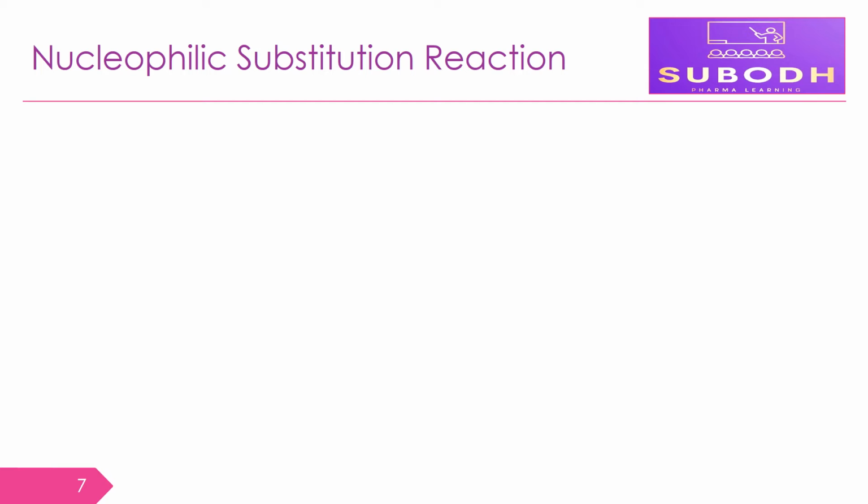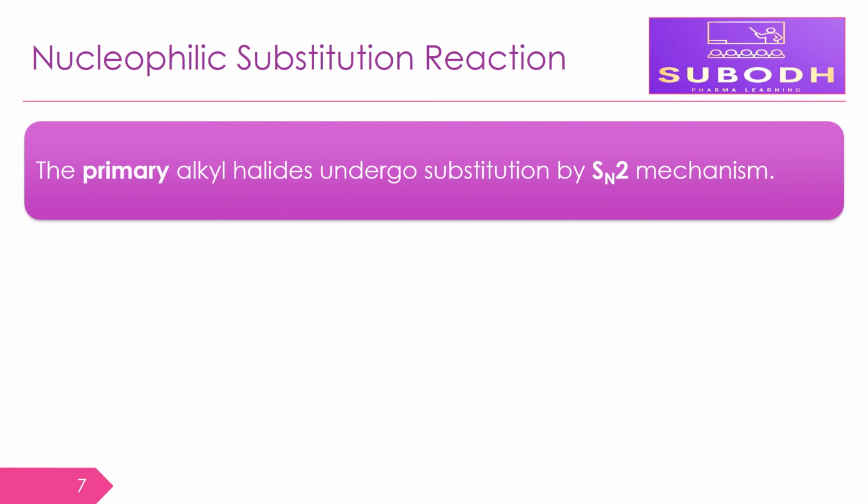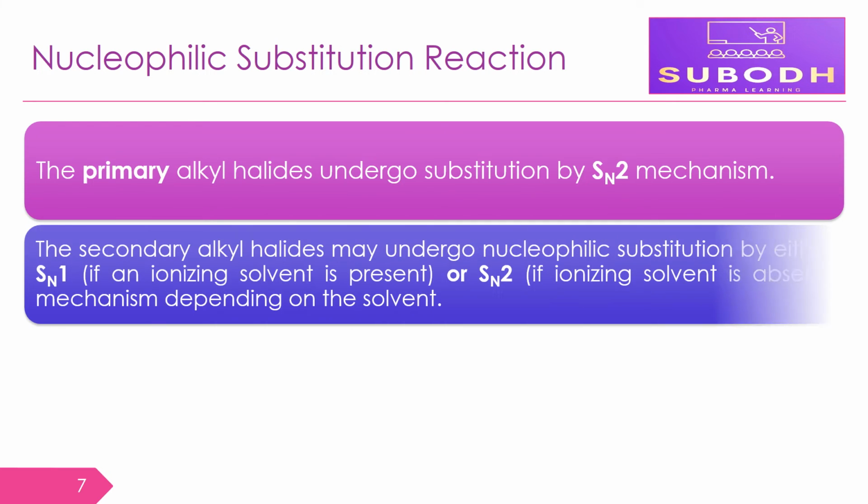See, in nucleophilic substitution reactions, the primary alkyl halides undergo substitution by SN2 mechanism. The secondary alkyl halides may undergo nucleophilic substitution either by SN1 or SN2 mechanism, depending on the solvent.